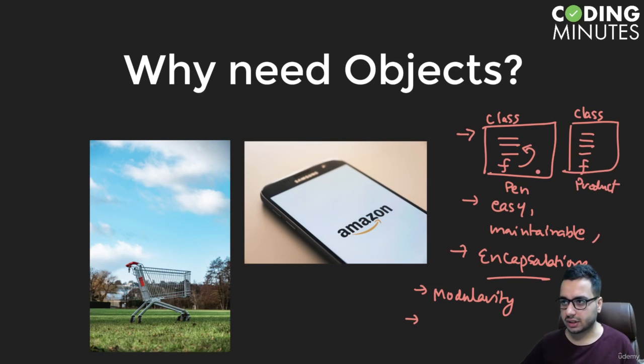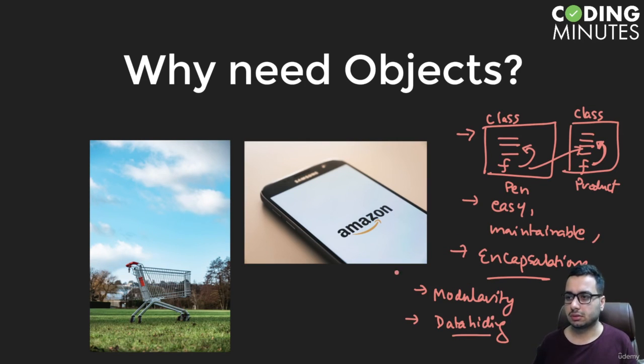So this function cannot modify the data of that class; it will only modify the data of its own class. This feature is also known as data hiding. We are hiding specific data which is not relevant for that function.